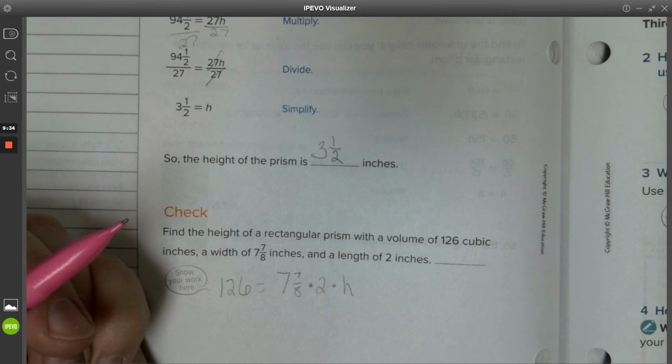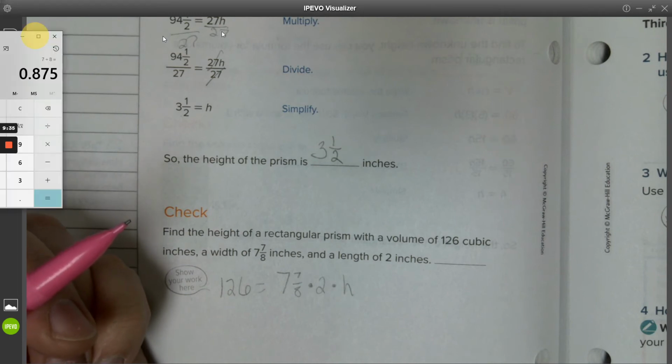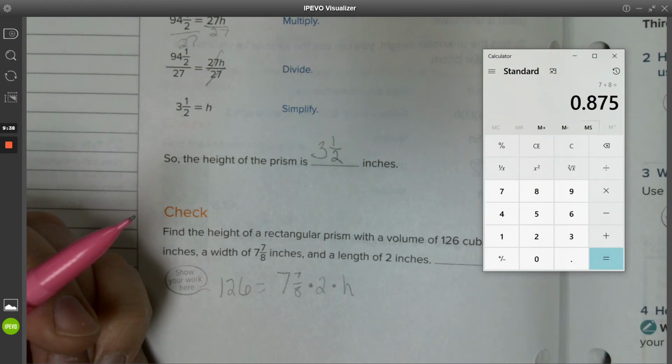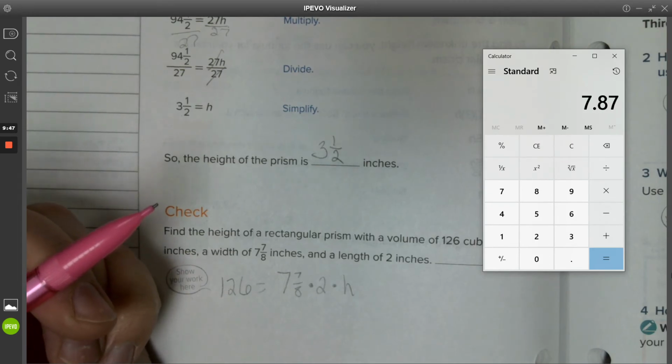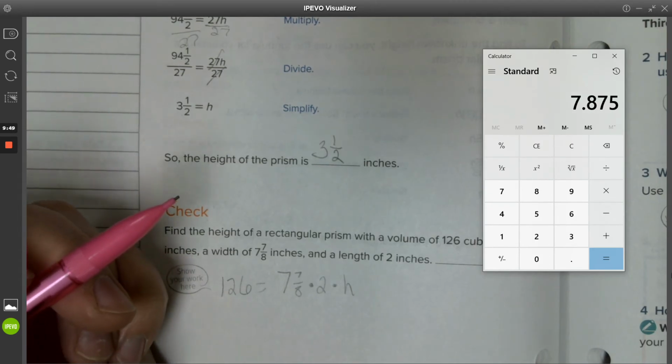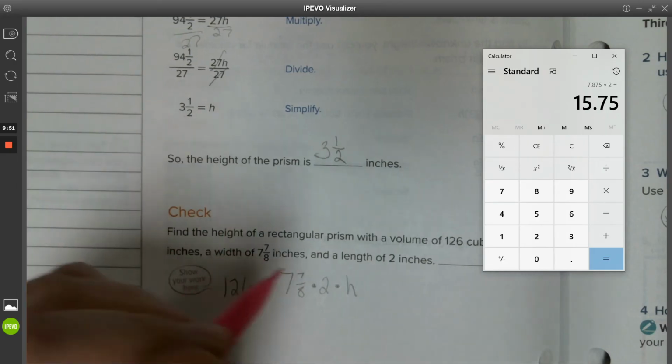So I can convert this to a decimal, right? So 7/8 is the same as 0.875. So I can say 7 and 7/8, whoopsies, would be 7.875 times 2 is 15.75.